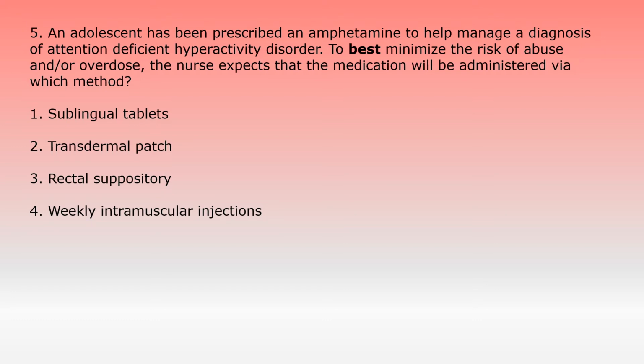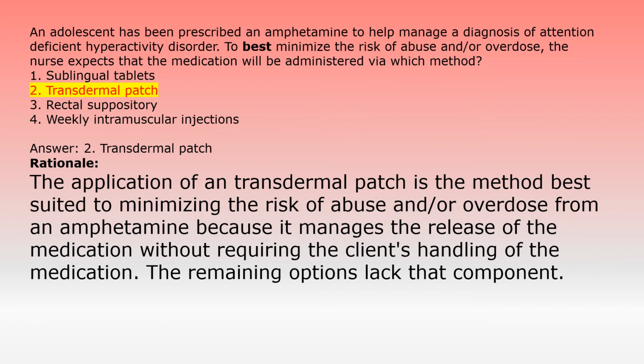Weekly intramuscular injections. Answer: 2. Transdermal patch. Rationale: The application of a transdermal patch is the method best suited to minimizing the risk of abuse and/or overdose from an amphetamine because it manages the release of the medication without requiring the client's handling of the medication. The remaining options lack that component.